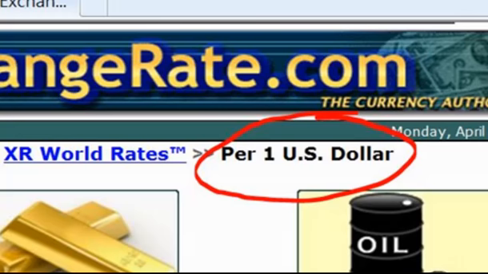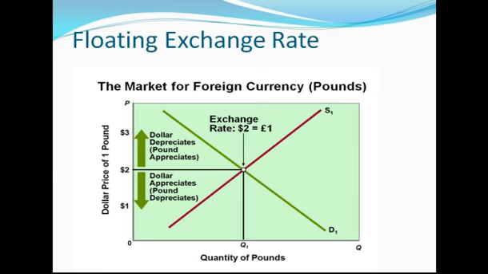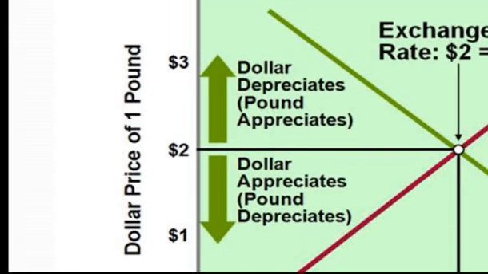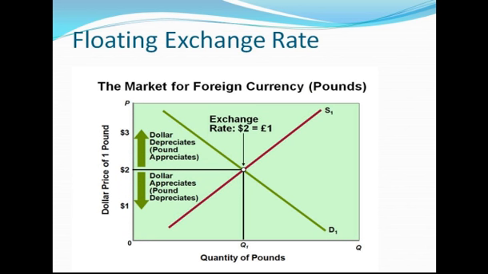In this chart, it shows the price of £1. It means the local currency will be the British pound and the foreign currency will be the American dollar. The equilibrium here is 2 US dollars equal to £1.